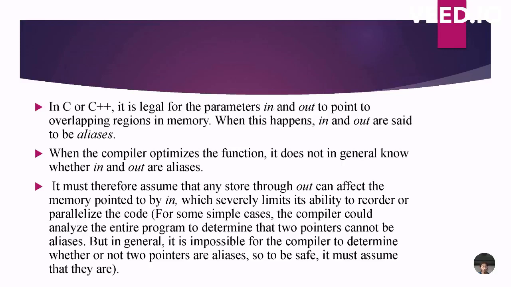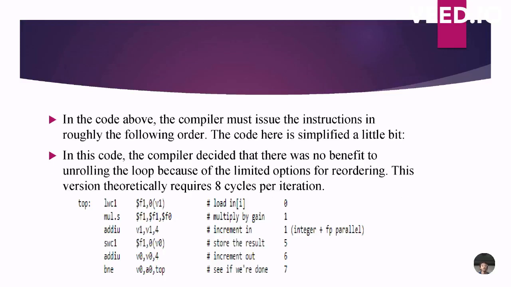So, to be safe, it must assume that they are. In the code above, the compiler must issue the instructions in roughly the following order. The code here is simplified a little bit.